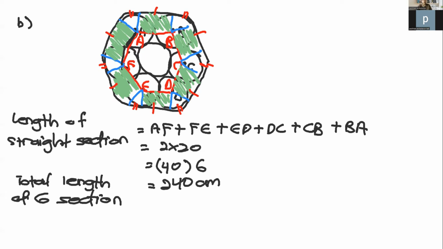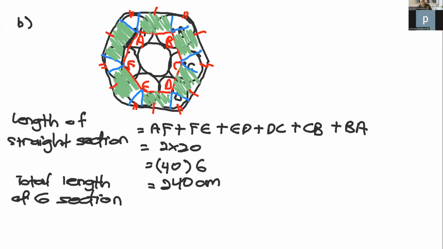All right, now looking at the next one. We're going to look at the curved sections now. We have got 6 curved sections. The curved section is calculated using the formula S equals r theta, which gives the arc length.